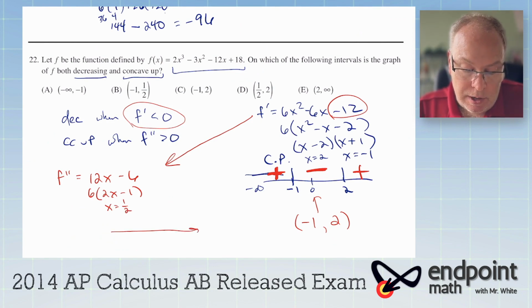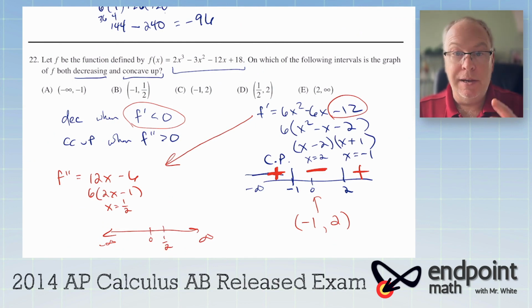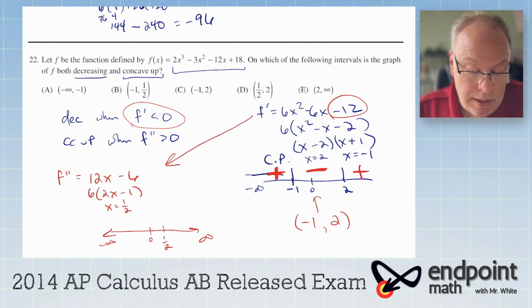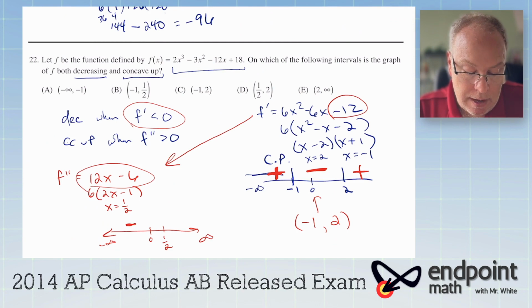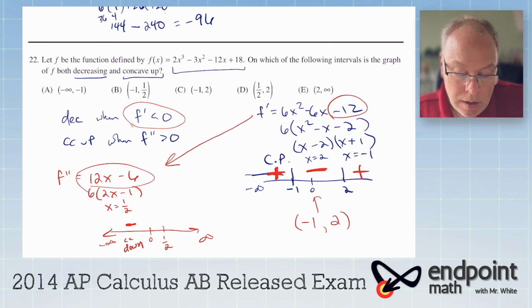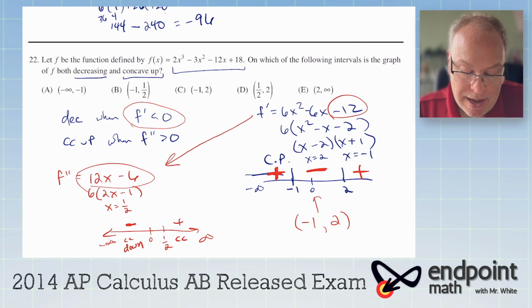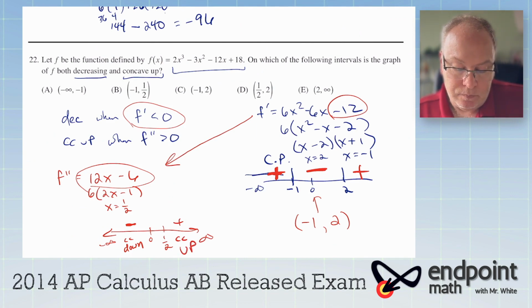So on our number line, negative infinity all the way to infinity, here's 0, here's 1/2. Let's plug negative bazillion into this. Do you get negative or positive? You plug in negative 1 million. Negative. So that means concave down. And what about positive infinity? Of course, it's plus, so it's concave up there.